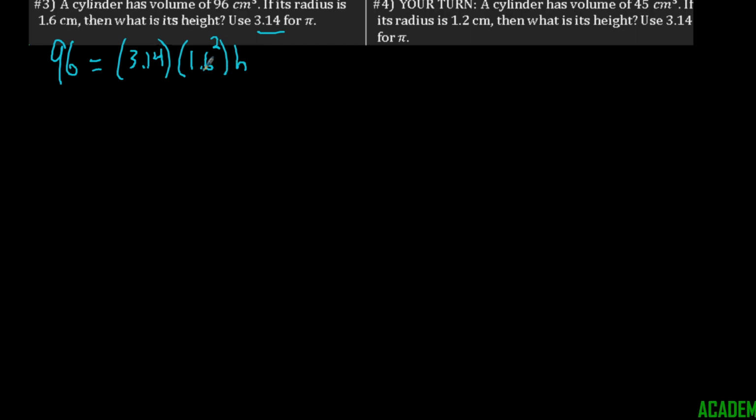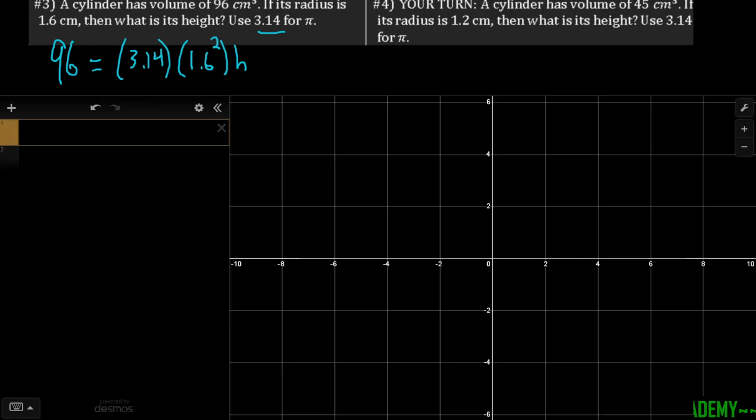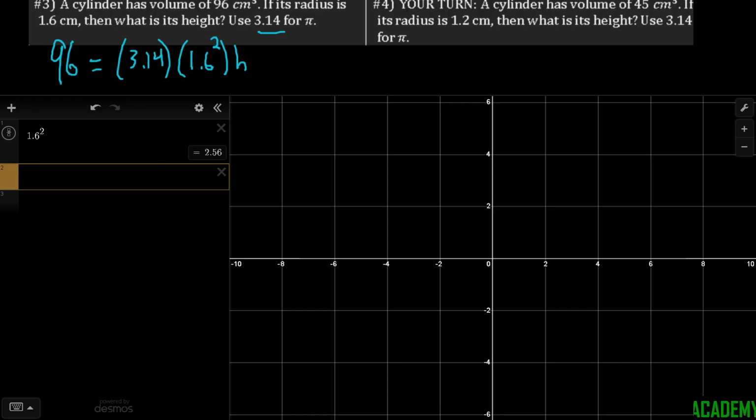When I simplify, I'm going to multiply this out. Let me pull it up on Desmos. 1.6 to the second power is 2.56. Then I have 3.14 times 2.56. I get this crazy looking decimal, but that's okay. You want to make sure you leave it like that.